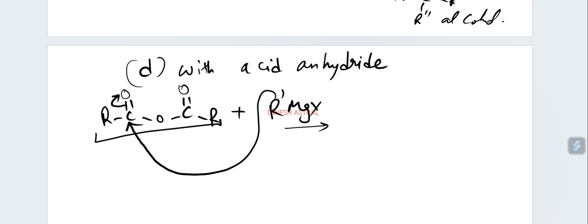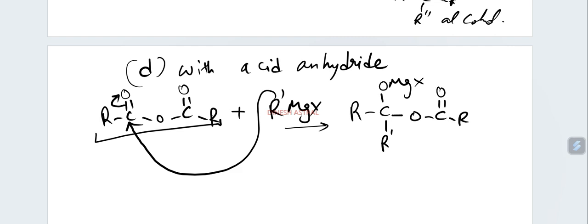so this one will become RCO, here it will be MgX, and then this group will remain as it is. It's a bulky group.